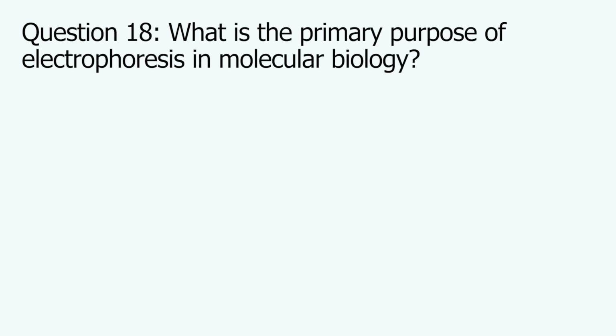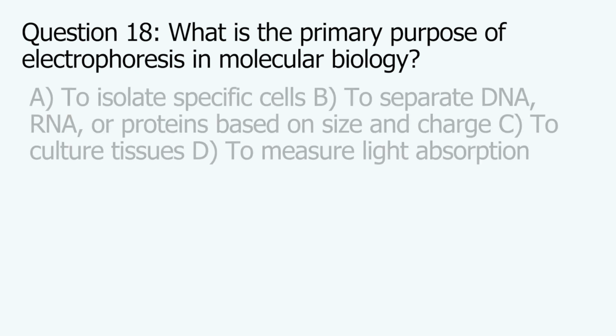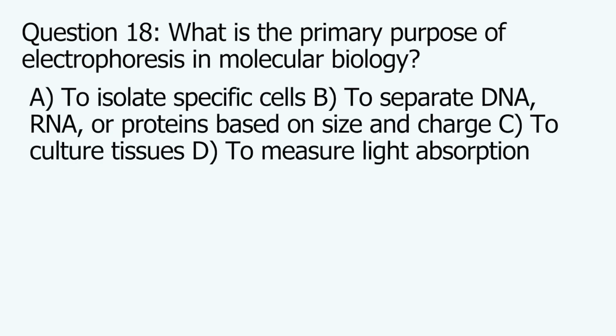Question 18. What is the primary purpose of electrophoresis in molecular biology? A. To isolate specific cells. B. To separate DNA, RNA, or proteins based on size and charge. C. To culture tissues. D. To measure light absorption.